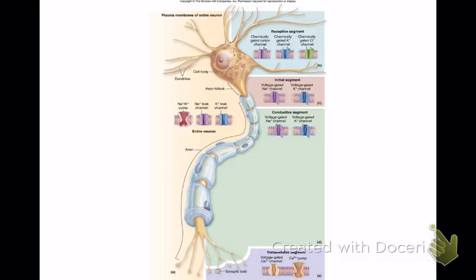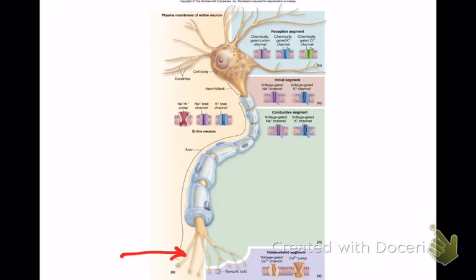All right, tell me what kind of neuron this is. This is, in fact, a multipolar neuron. So where are the dendrites? Are they at the top of the picture or the bottom of the picture? Dendrites are at the top. And what are these little branches at the bottom?